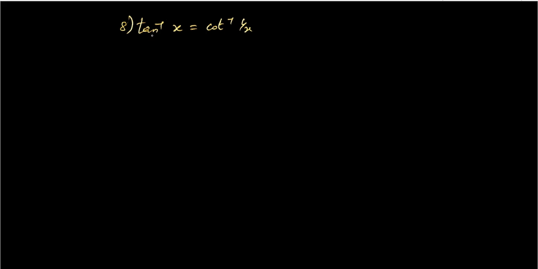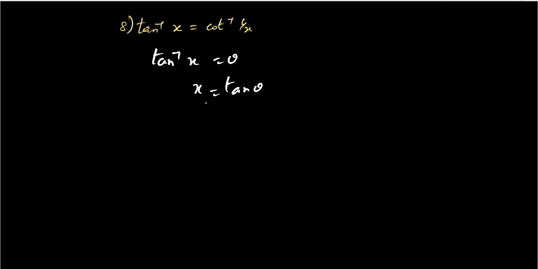Next one, tan inverse of x equal to cot inverse of 1 by x. For proving this, let me take tan inverse of x is equal to theta. If you bring tan to the right hand side, x is equal to tan theta.